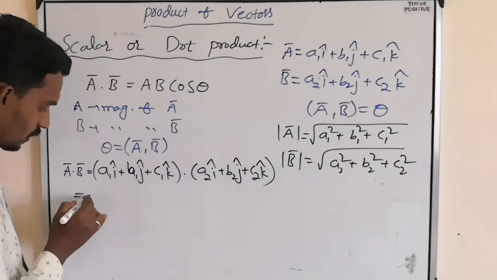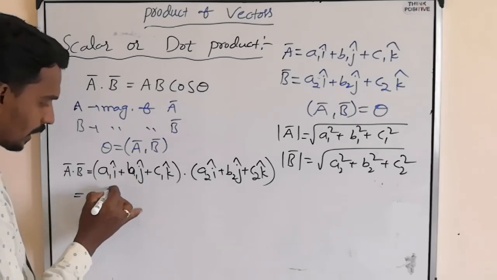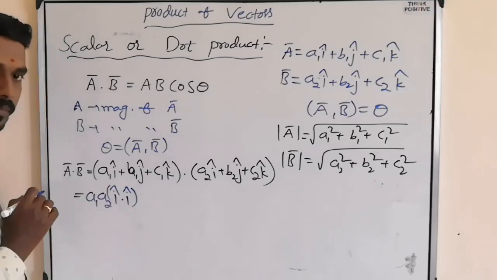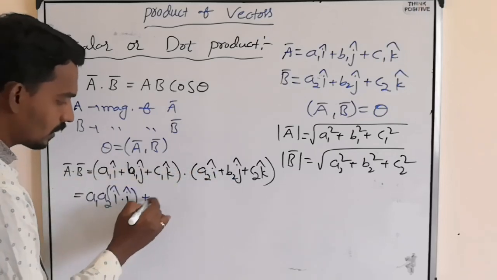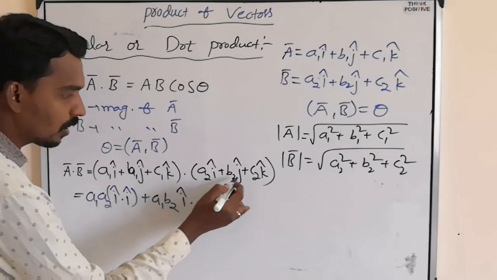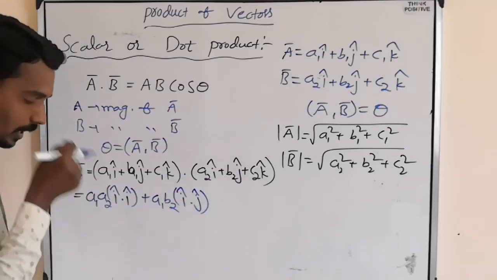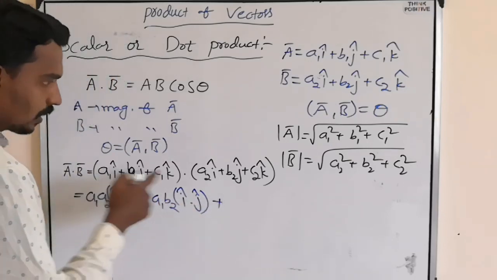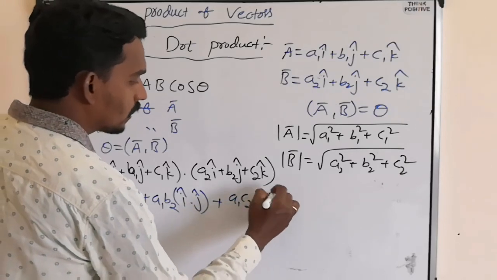That is a1 a2, scalars, then i cap dot i cap. Then next, plus a1 b2 i cap dot j cap, because dot is for vectors only, not for scalars. Plus this one with this one, a1 c2 i dot k.